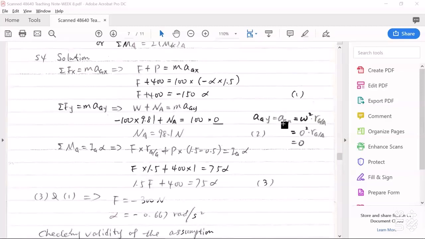And we know in a problem of rotation about a fixed axis through point A, AGN can be calculated using omega squared times the distance from G to A. And omega is 0, so AGY should be 0. So this equation will give us NA directly.